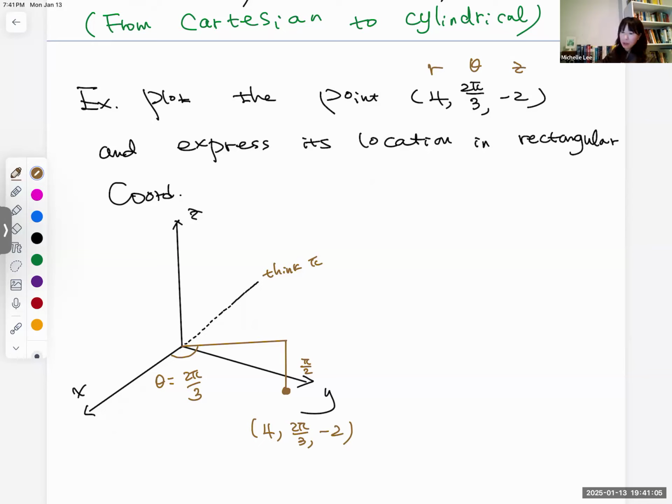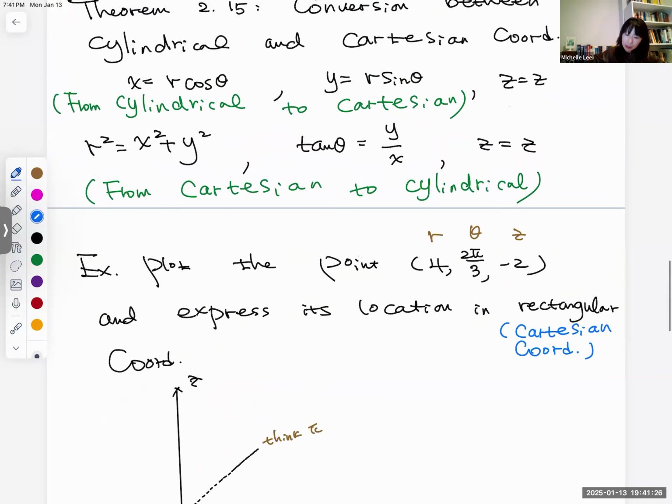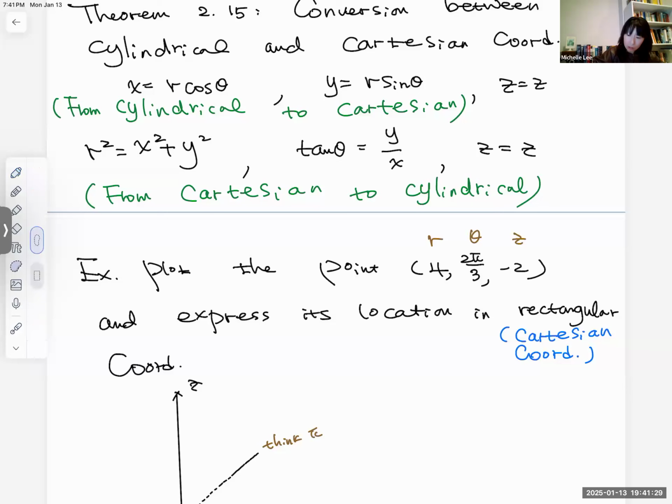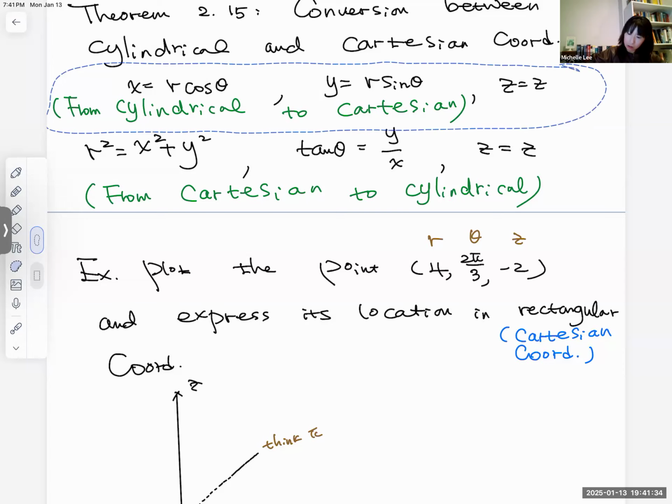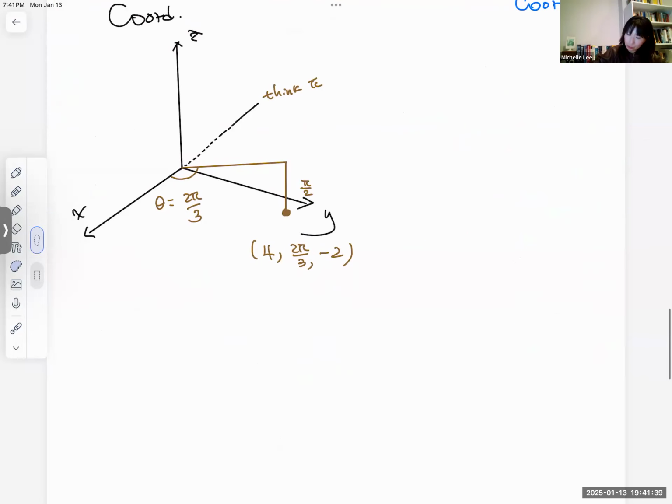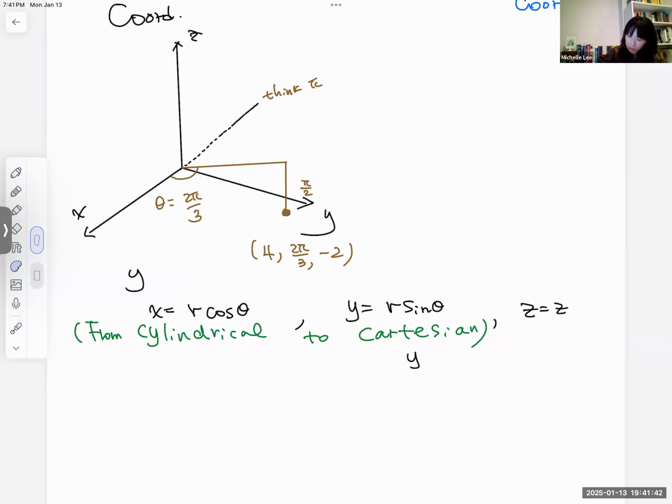Okay. Now let's find the rectangular coordinate system. Rectangular means the same as Cartesian, right? Cartesian coordinate system, same. Okay, so we are using this formula, right?